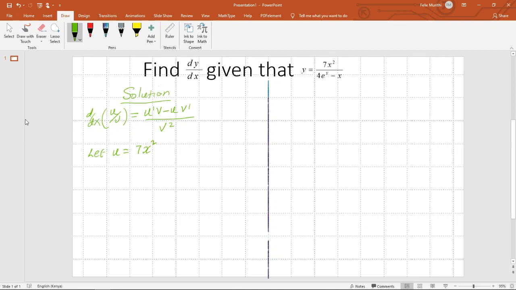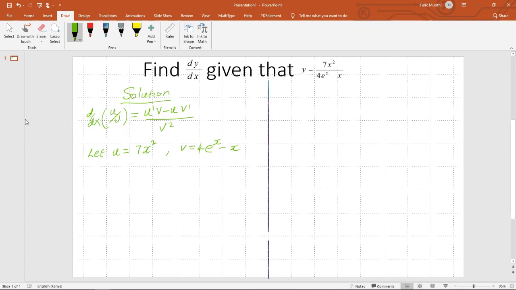Usually we take the numerator to be equal to u, and then the denominator to be equal to v, and therefore here v is equal to 4e^x minus x. So the next thing we will need in this formula is u prime and v prime.